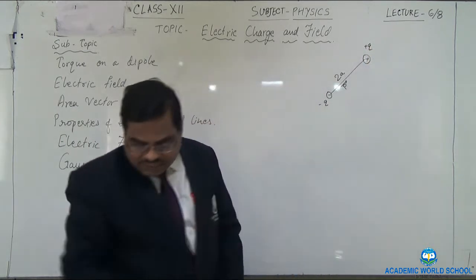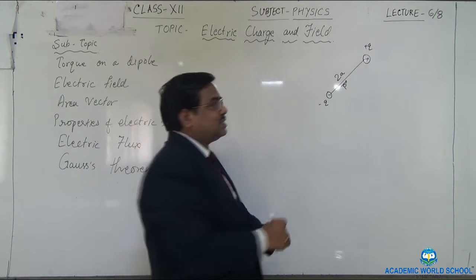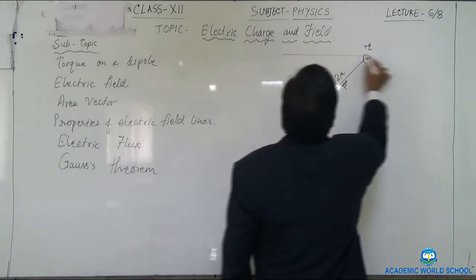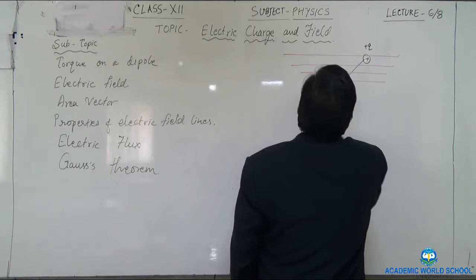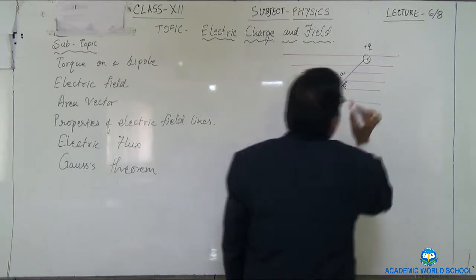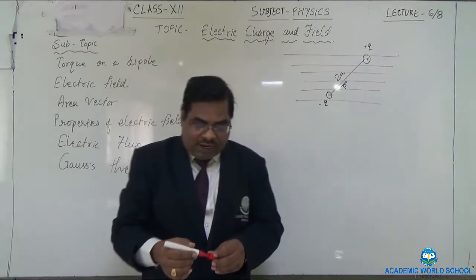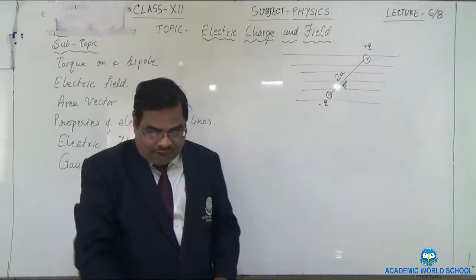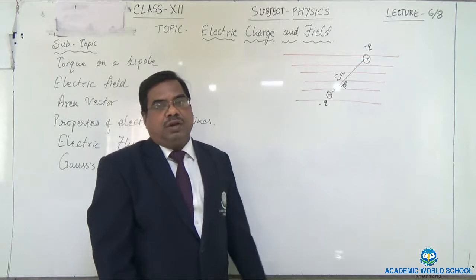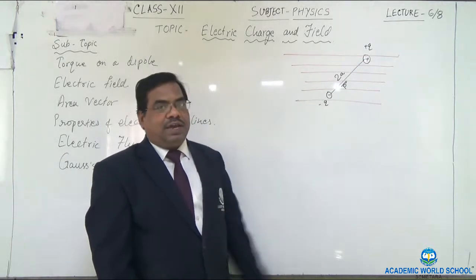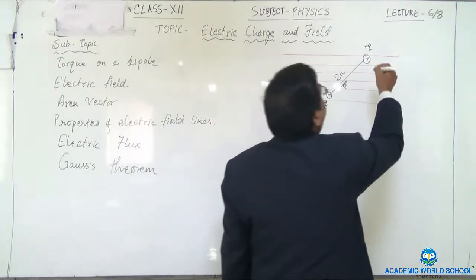So if such a dipole is kept in a uniform electric field like this, then due to that electrostatic field there will be force on these two charges. Now depending on the sign, the force is different.